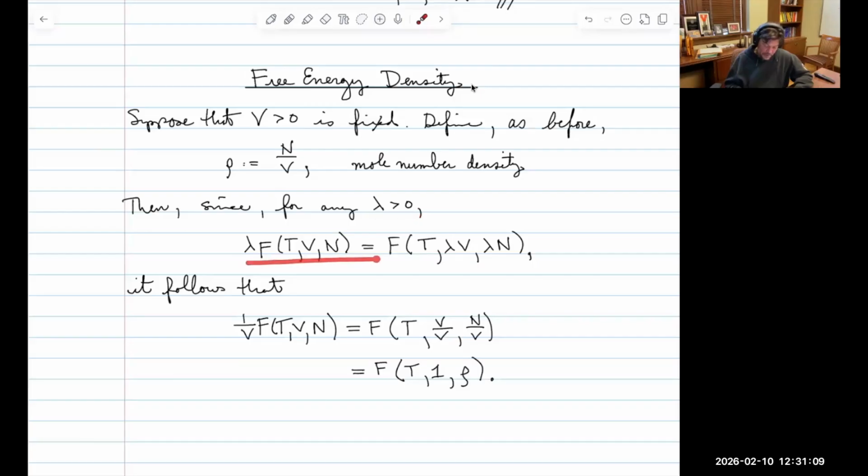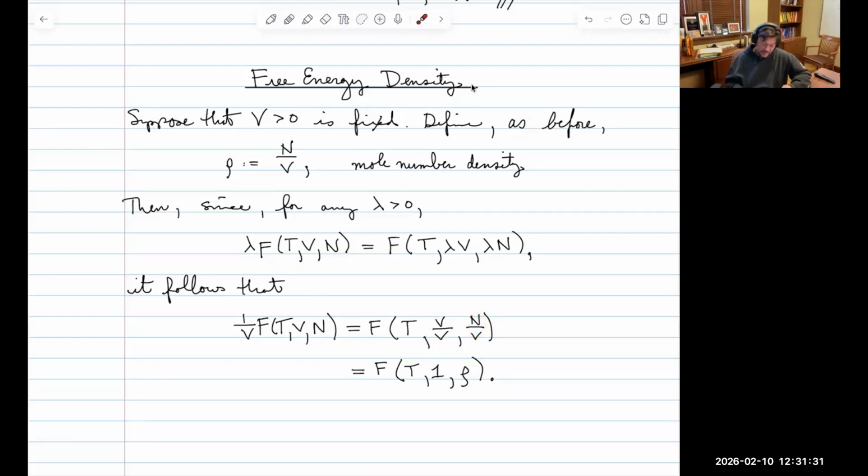We know from our previous theorem that this is true, but now suppose that we take lambda to be 1 over V. It comes in for this function, and it doesn't attach to T, it only attaches to V and N. So V over V is 1, and N over V is just equal to rho.